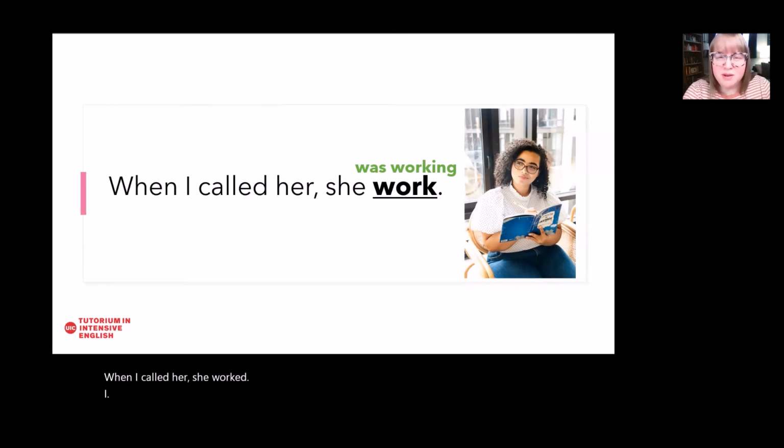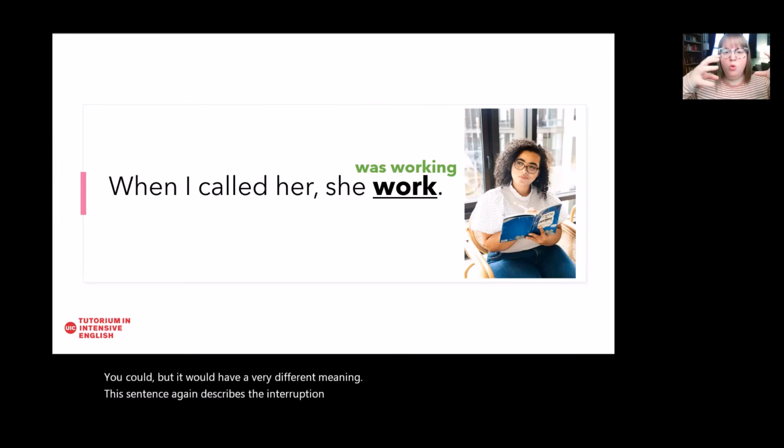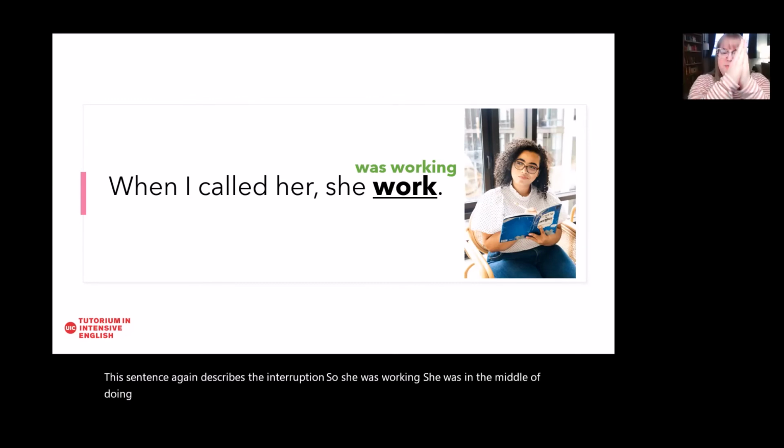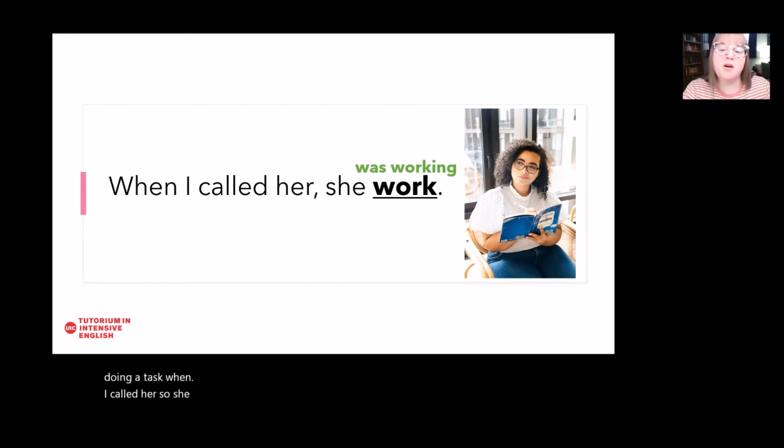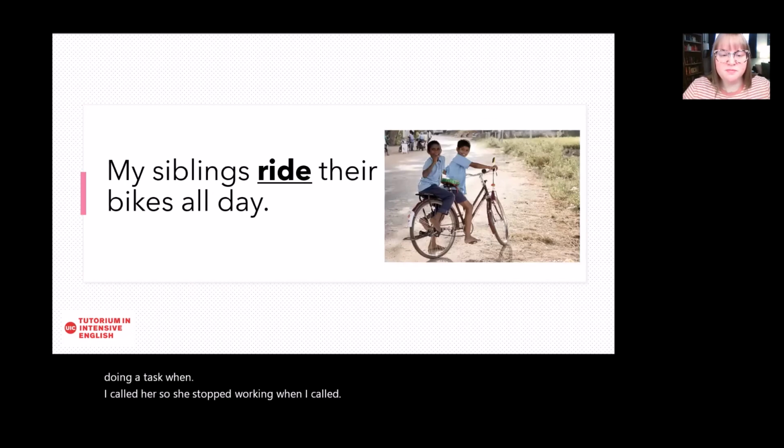You could, but it would have a very different meaning. This sentence, again, describes the interruption. So she was working. She was in the middle of doing a task when I called her. So she stopped working when I called.